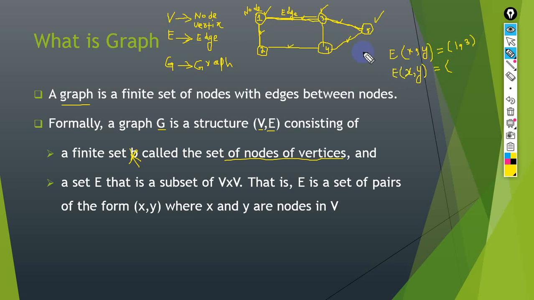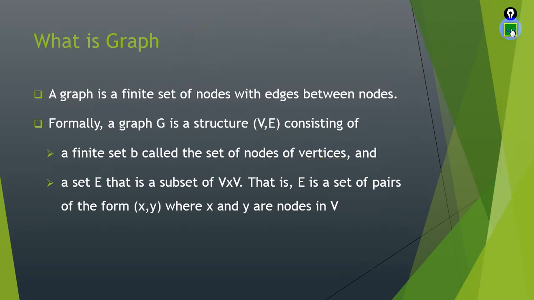Which vertices? For example, this edge: vertices 3 and 5. So x is 3 and y is 5. So we can say this is a pair, and this edge combines vertices 3 and 5. Okay, 5 and 3 are combining through this edge. So this was the representation of a pair. If you have any question related to this slide, you can ask.